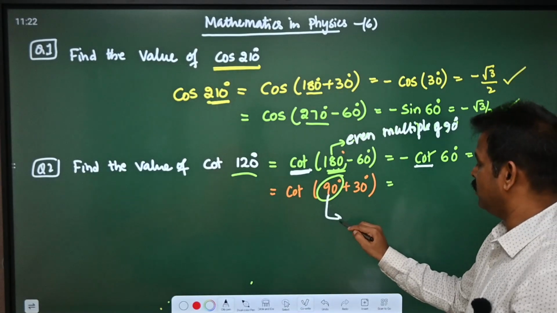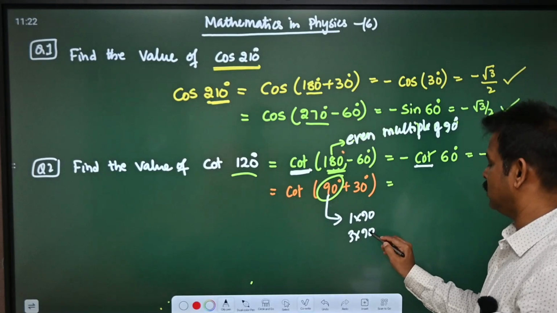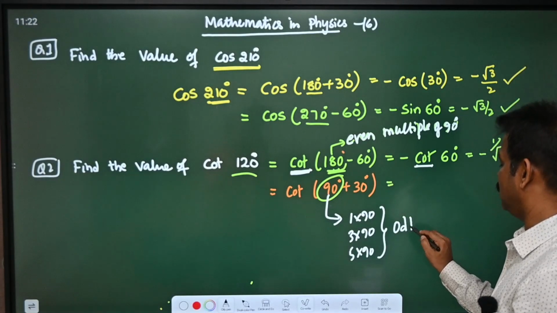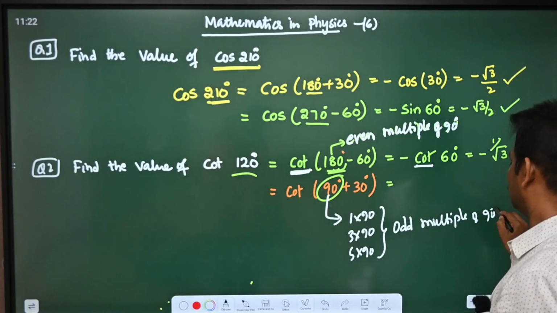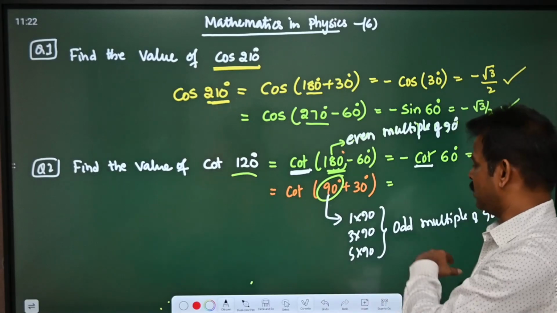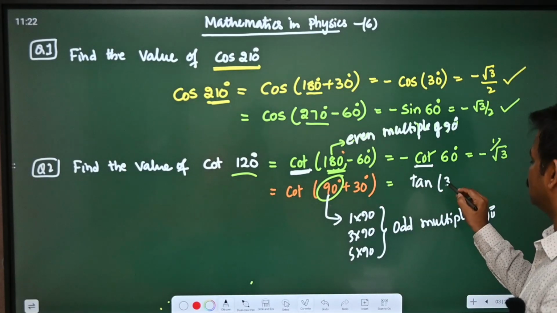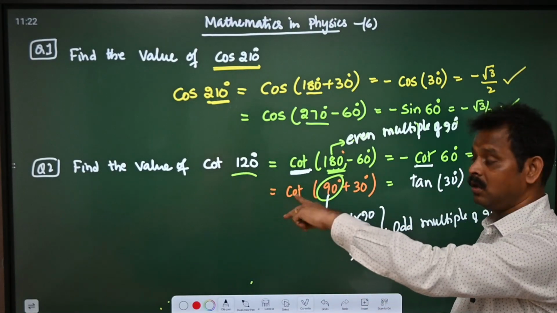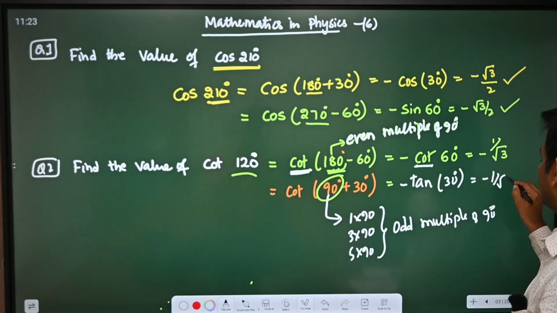But this is an odd multiple, that is 1 into 90, 3 into 90, 5 into 90. These are odd multiples of 90. Then cot will change to tan. So this will become tan of 90 plus 30, this is tan 30. 120 degrees is in the second quadrant, where cot is negative, so you take this as negative, minus 1 by root 3.